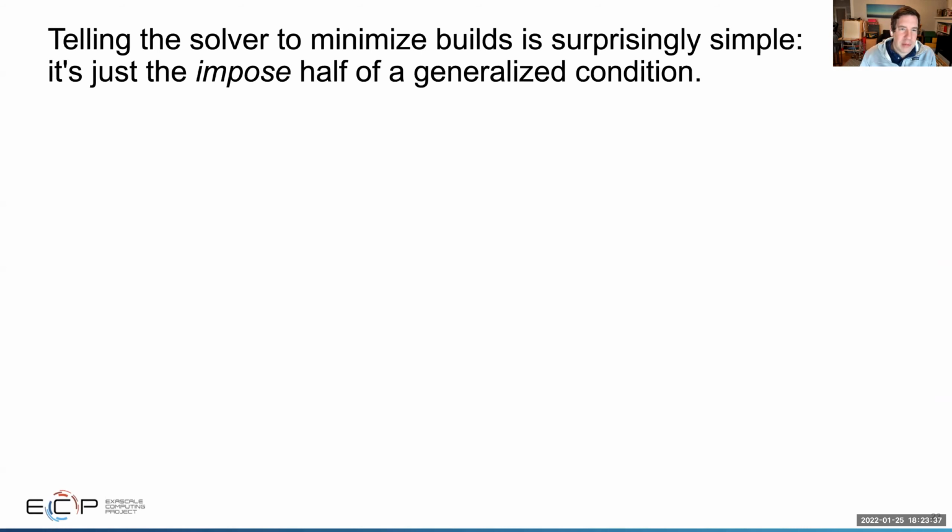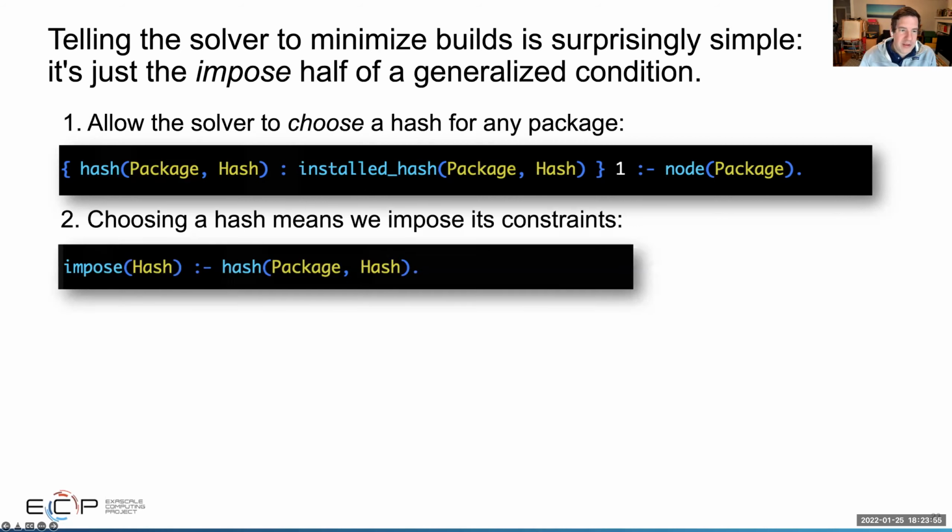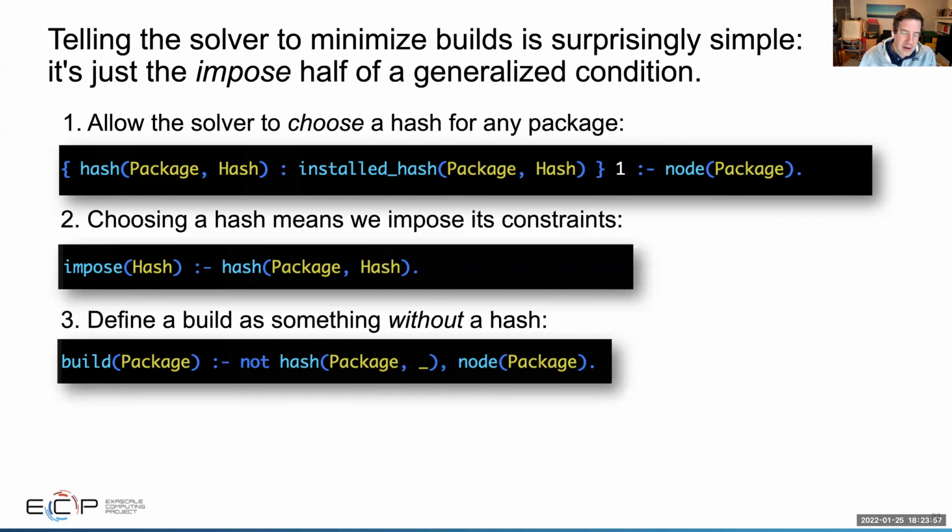And the way that we optimize for that is actually pretty cool. You basically tell the solver that if a node for a particular package is in the graph, it can choose to assign a hash. It can choose to assign one of the installed hashes to that package. And so basically that's saying, I'm going to reuse that one. When that happens, we impose all the constraints for that package.